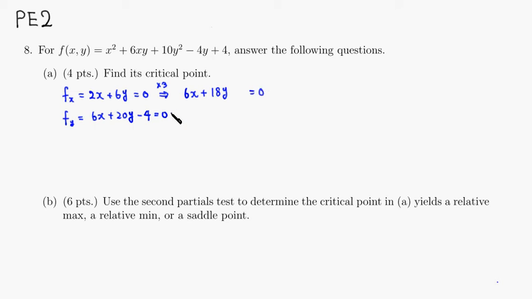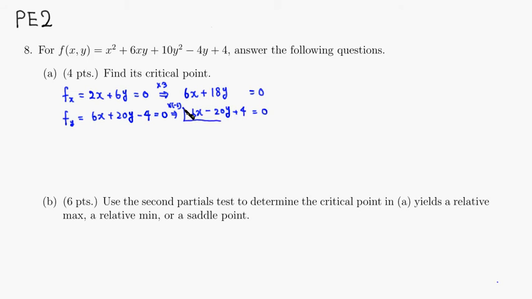Then we can multiply the other equation by -1, so that would be negative 6x minus 20y plus 4 is equal to 0.